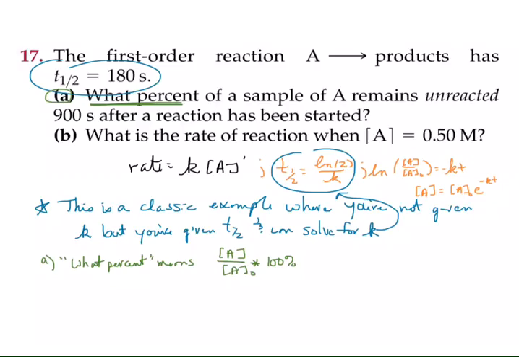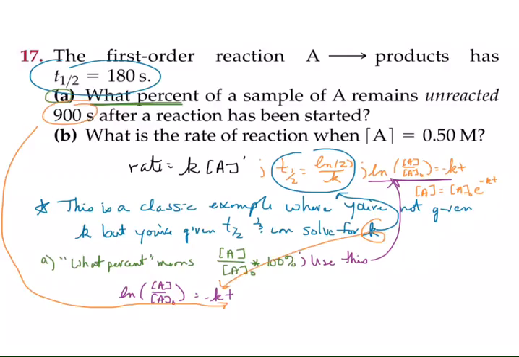What the percent means is the relative amount of A remaining times 100. So if we use this top equation, we basically are solving for the ratio of A to A0. So we plug in the K that we get from our half-life.